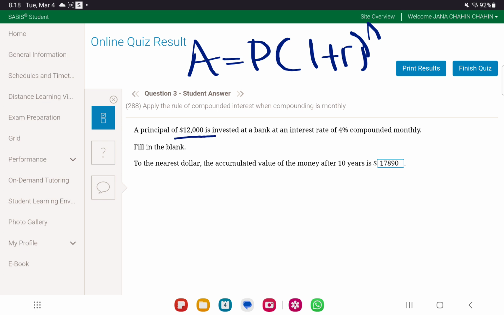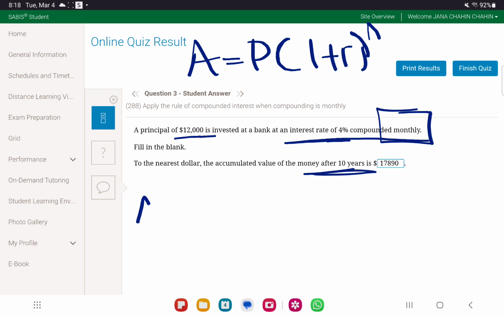The interest rate is 4% monthly, and whenever it's monthly, it's always over 12. They want the accumulated value of the money after 10 years to the nearest dollar. So our N is 10 years, but because this was monthly, we have to multiply this 10 by 12. We divide the R by 12 and multiply the time by 12.